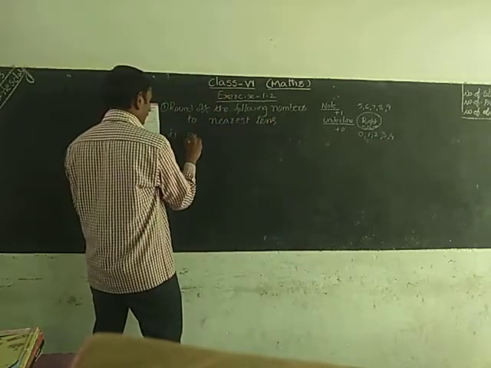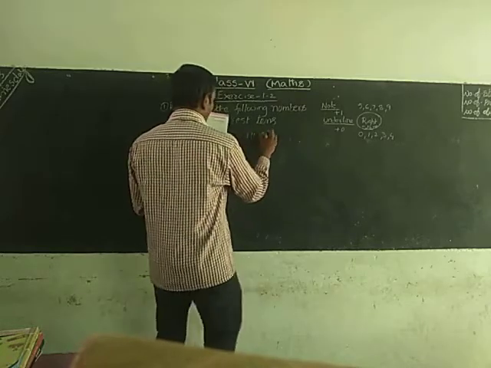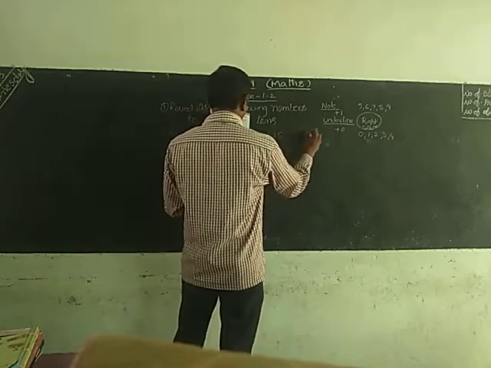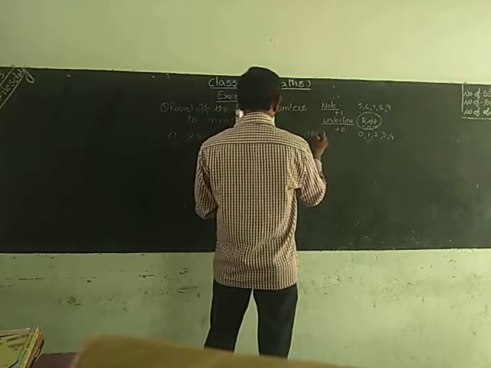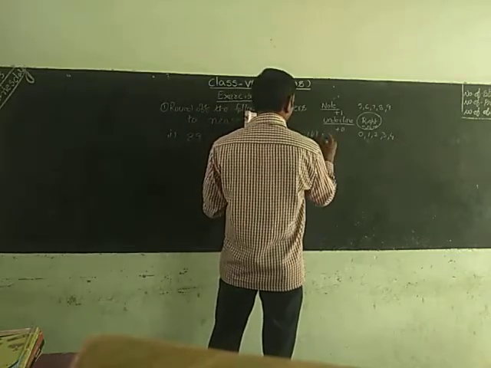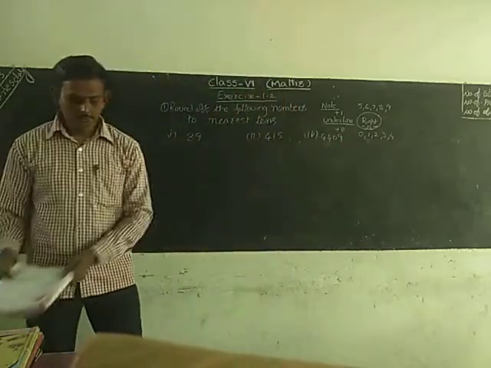The first is 89, the next one is 415, and the fourth one, 4409.